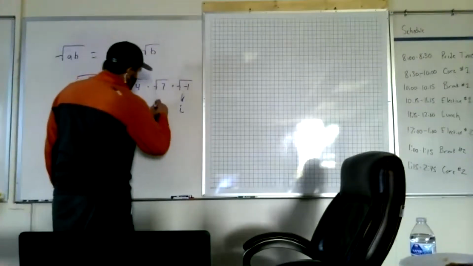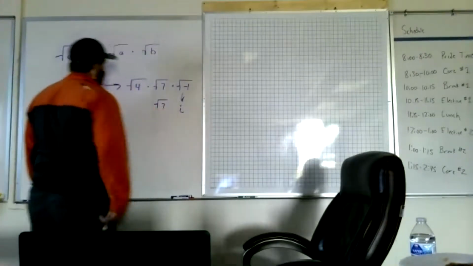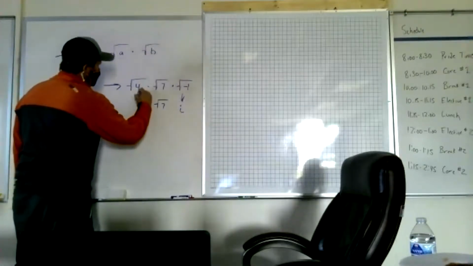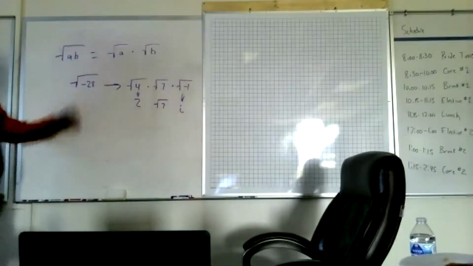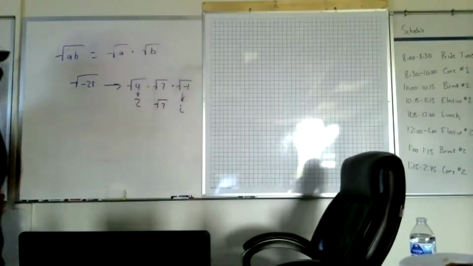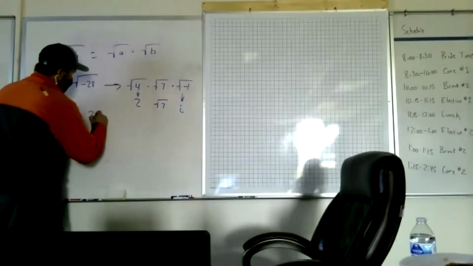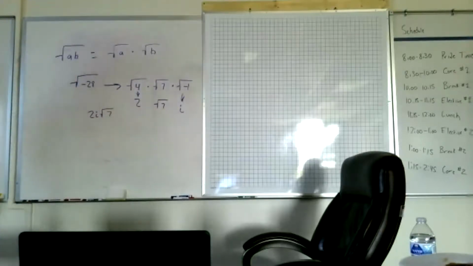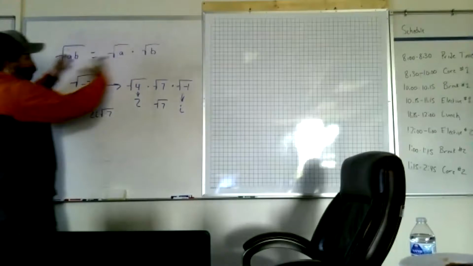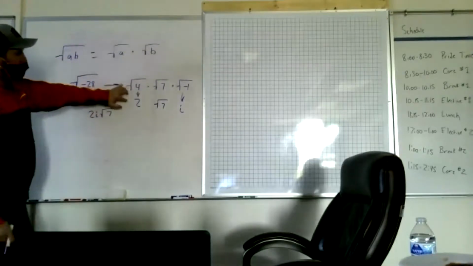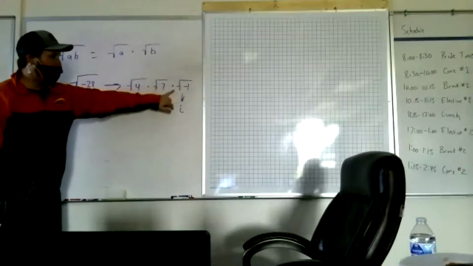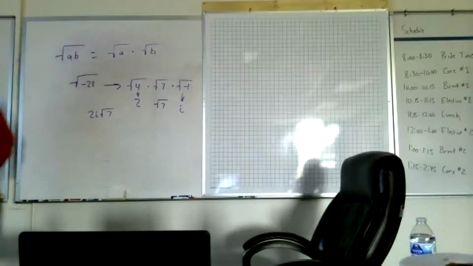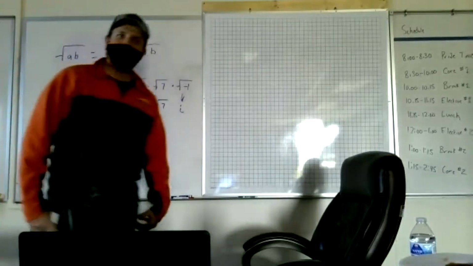So the square root of 7 has to stay. The square root of 4 is 2. So the square root of -28, they want us to simplify it, is going to be 2i times the square root of 7. You can see that we're using this property to break it apart, simplify our perfect squares where we can get them, take care of our -1, and we would list our number like that. That's the simplest, most exact answer we can get.